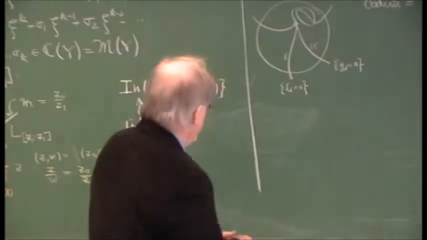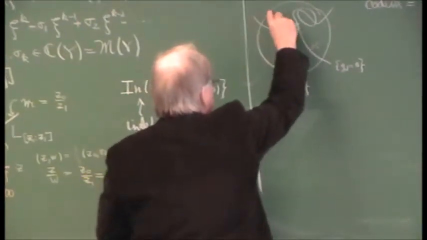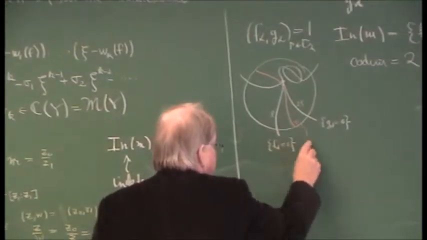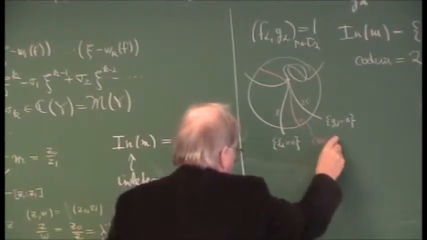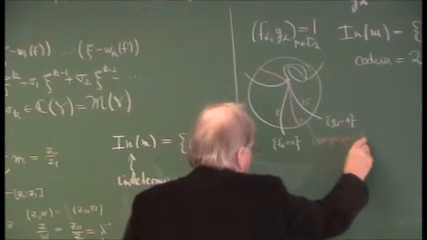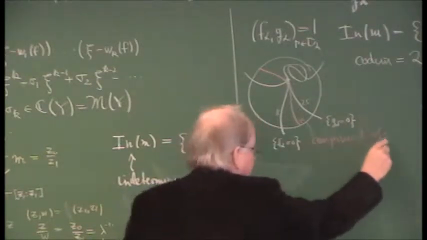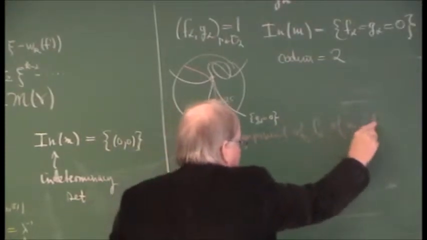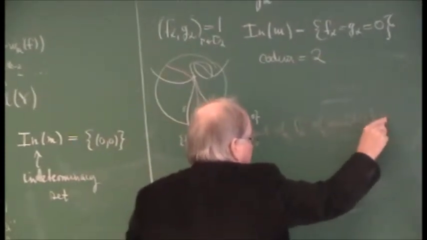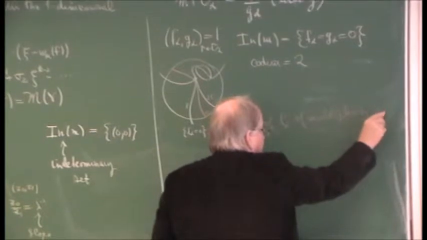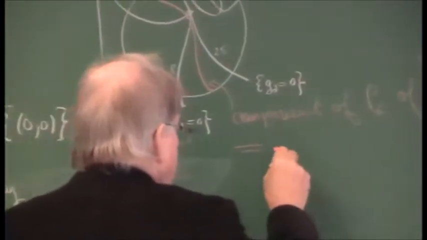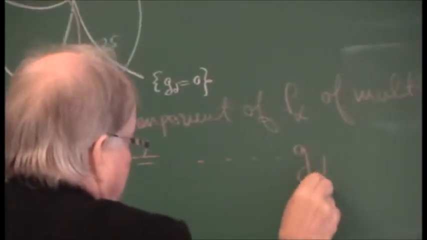So what could really happen, as I discussed this morning, is a priori this part could be a component of f alpha of multiplicity, let's say 29, but it could also be a component of g alpha of multiplicity 18, as an example.